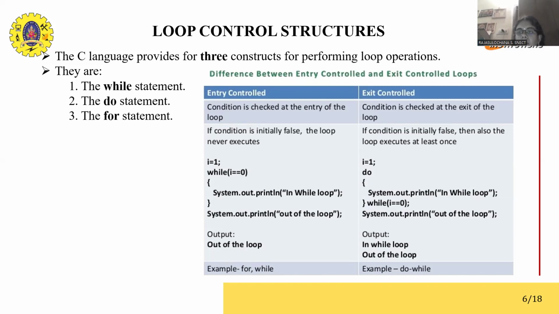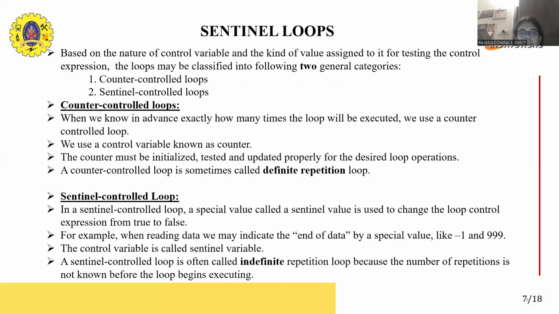Here the condition will turn out to be false because i value is equal to 1, but the condition I have given is i is equal to 0. And then the message out of loop will be printed as well. So here the body of the loop is executed once before the condition is checked. This is the exit control loop. For entry control loop, the best example is the while loop, and for exit control loop, the best example is the do while loop or do statement.